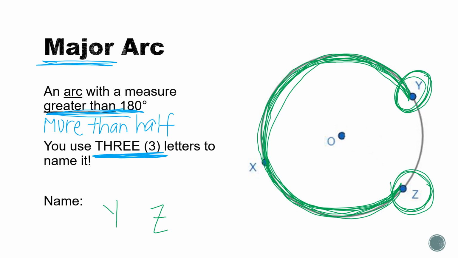Along this path, I pass by X, and so X is going to go in the middle. So this would be arc YXZ, and then I would put a nice arc over it. So that is more than half of the circle. It's over 180 degrees.